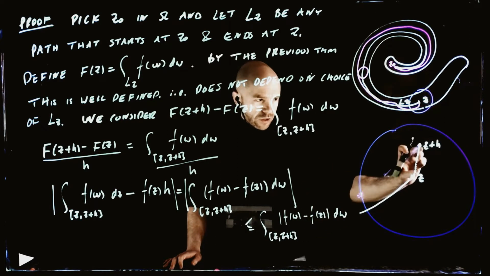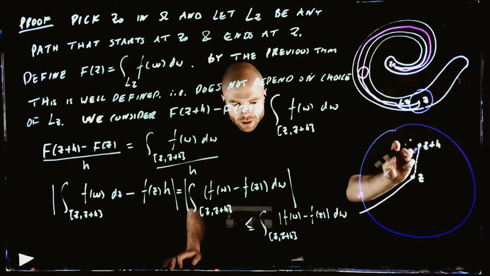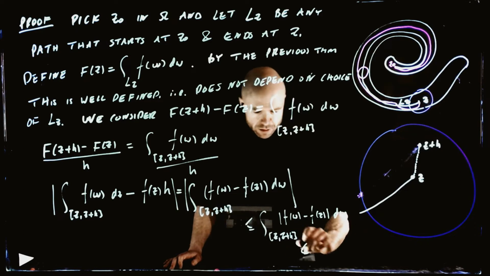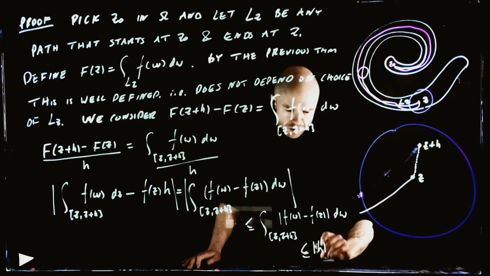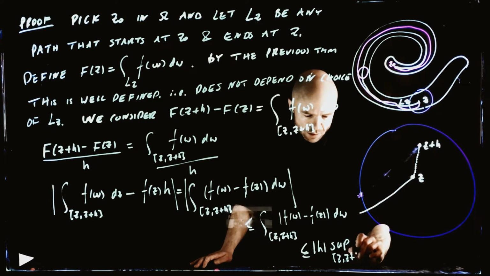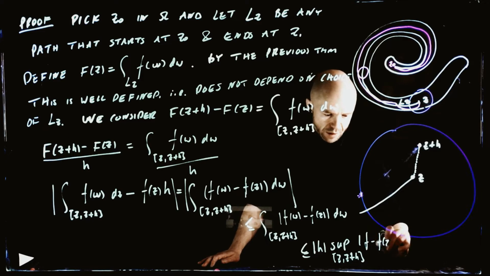And we're just going on this little tiny interval of length h, right? So this is less than just the length of this path, h, times the supremum over this interval z to z plus h of f minus f of z.